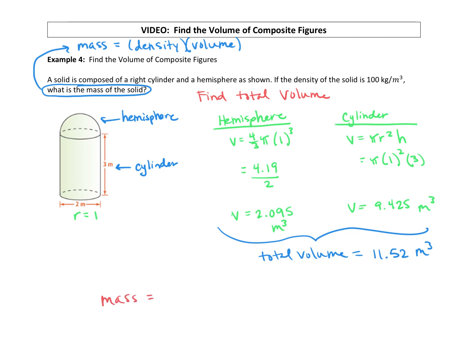So the density was that 100 kilograms per meter cubed. I'm going to include the labels because I want to address those here in a second. So I'm going to say kilograms per meter cubed. We multiply that by our volume, which is 11.52 meters cubed.